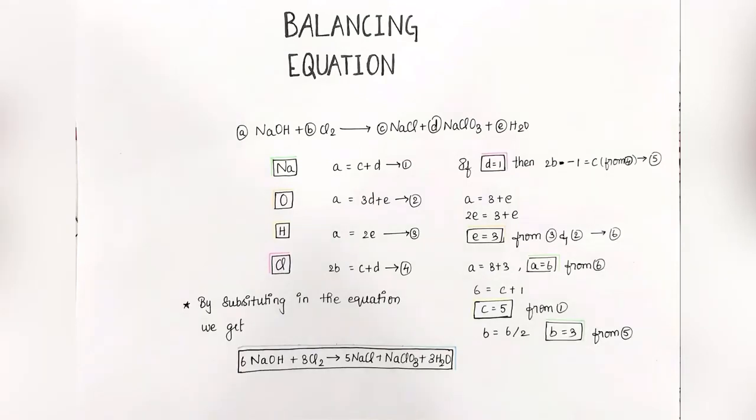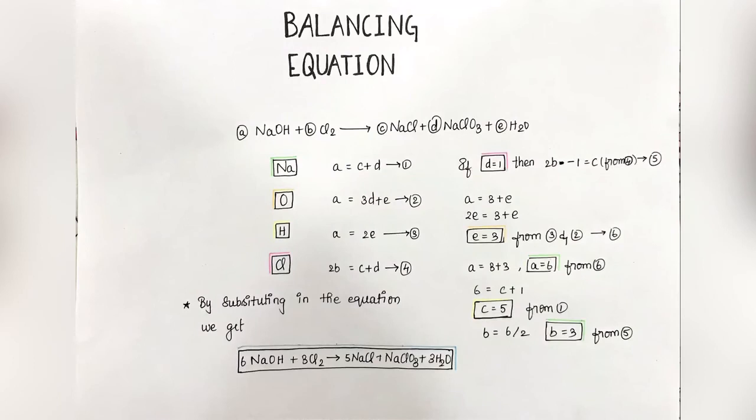And from equation 2, we get A equal to 6 after finding the value of E. And from equation 1, we can substitute the values of D and A to get C equal to 5. And finally, from equation 5, we can acquire the value of B. And now we have found all the variables and their values.